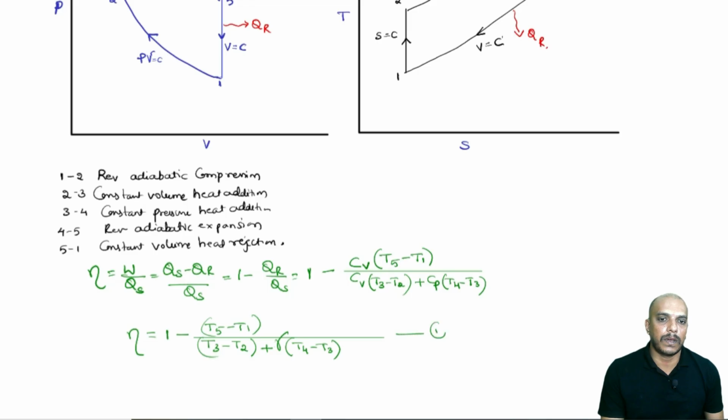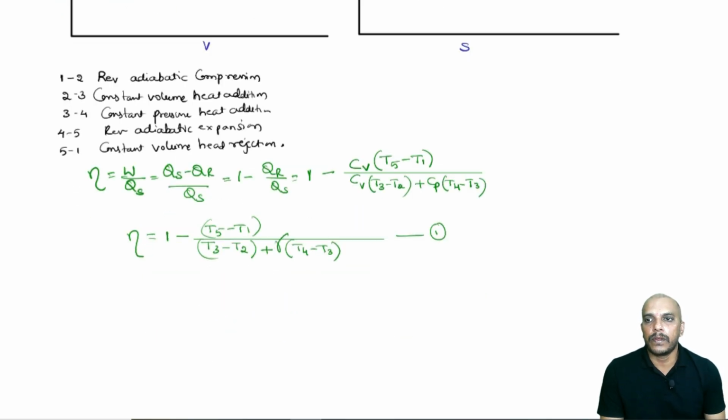I will call this equation 1. So, we will come back to this equation 1 such that we will have to solve this equation where we will try to eliminate the temperatures and try to get it in terms of either compression ratio or explosion ratio, alright, or cutoff ratio. Now, if we look at this expression, we can see that there are two terms in terms of T3.